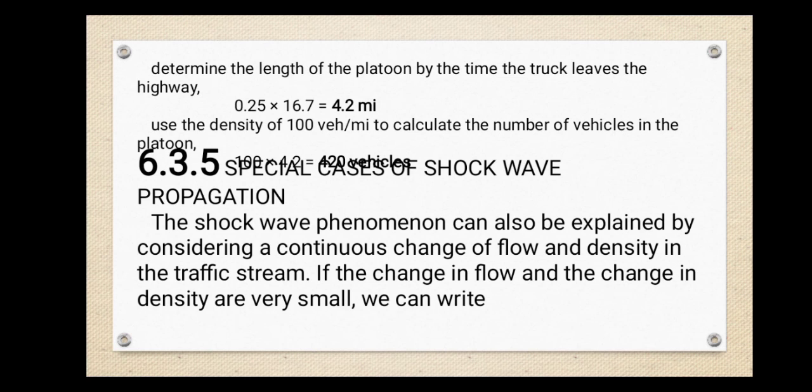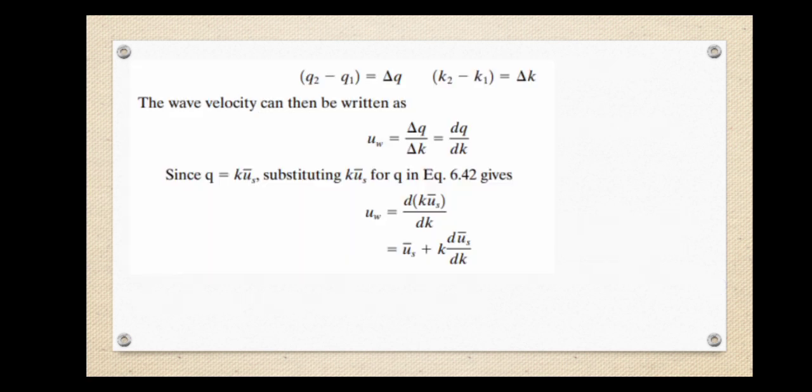So 6.3.5, we have special cases of shockwave propagation. The shockwave phenomenon can also be explained by considering a continuous change of flow and density in the traffic stream. If the change in flow and the change in density are very small, we can write this equation.